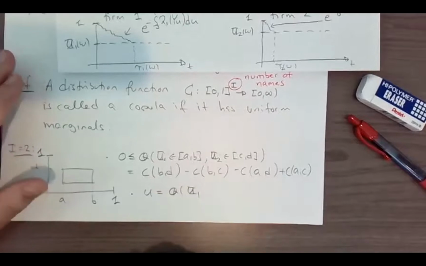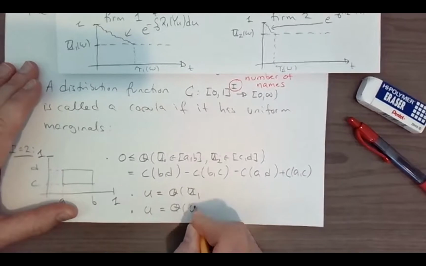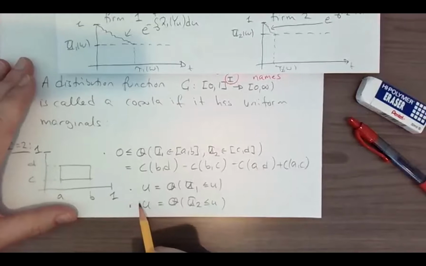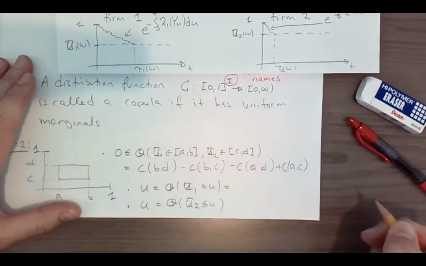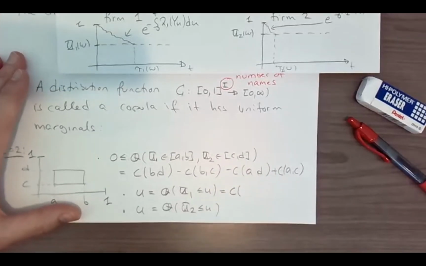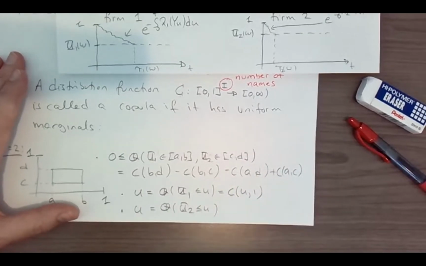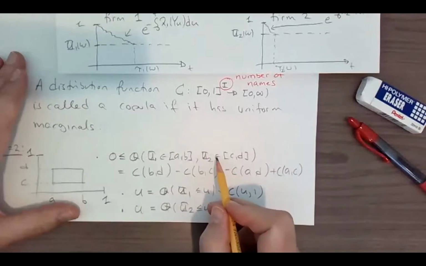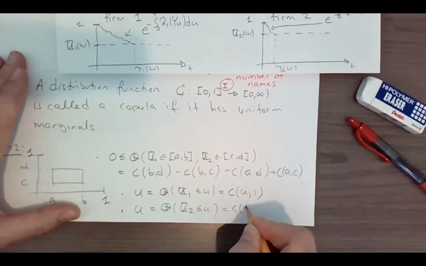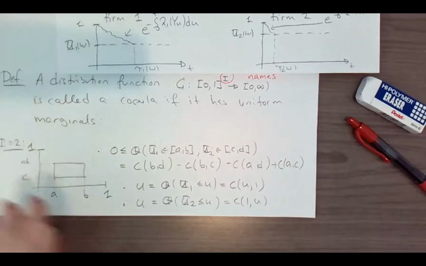If I want uniform marginals, I need the probability that U2 is less than u and the probability that U1 is less than u to each be just u. Expressed in terms of the copula, the joint distribution, this will be C of u and then 1, because here we just have that U2 is less than 1. And likewise over here, this is C of 1 and then u. And that's what it means to be uniform.